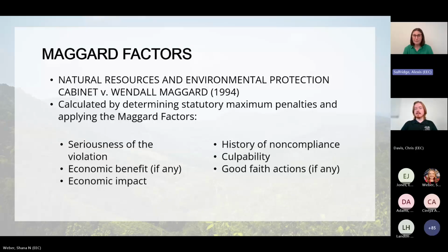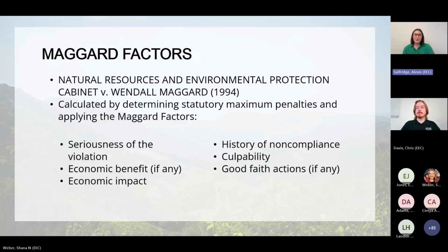Oh, one important thing. Once we calculate the statutory maximum and apply the Maggard factors, we will assess a penalty at the conference, but that is not the final number that we end on. Our penalties are negotiable. So after the conference, we'll give a couple weeks and ask that the responsible parties submit a reasonable counteroffer to the civil penalty and include justification as to why our director should accept a lower civil penalty amount for those violations.